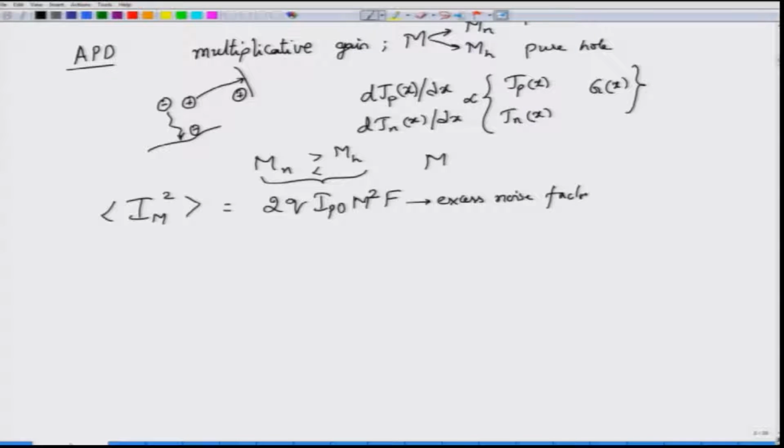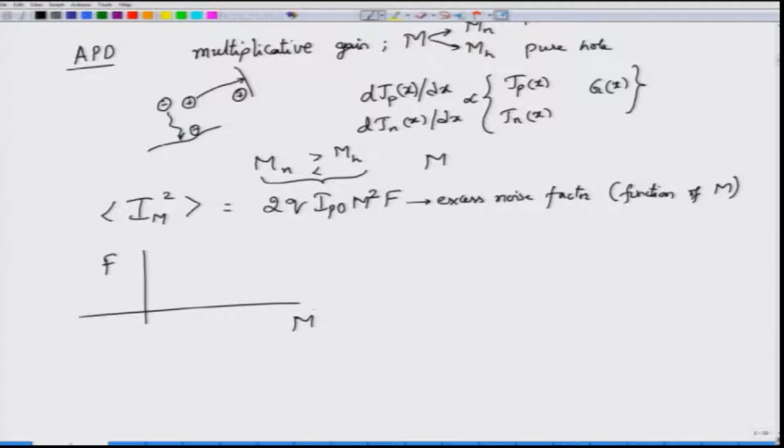Okay. So, this excess noise factor is actually a function of M itself, making our APDs a little more complicated. If you look at the excess noise factor as a function of the multiplicative gain, you will see something like this.